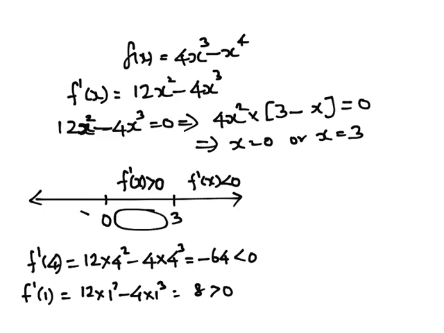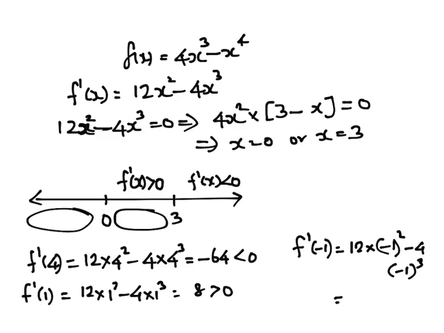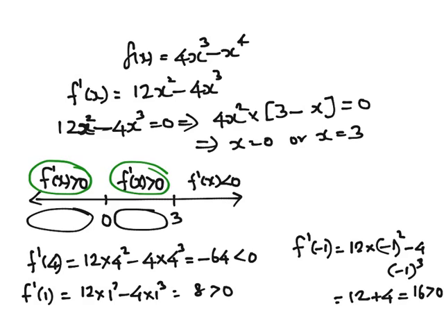Let me take a value less than 0. Let me take, let's say, minus 1. So f dash of minus 1 is 12 times minus 1 the whole square minus 4 times minus 1 the whole cube. So answer is 12 plus 4, which is 16, again positive. So f dash of x is positive, right? So as you can see here, before and after 0, f dash of x has the same sign.